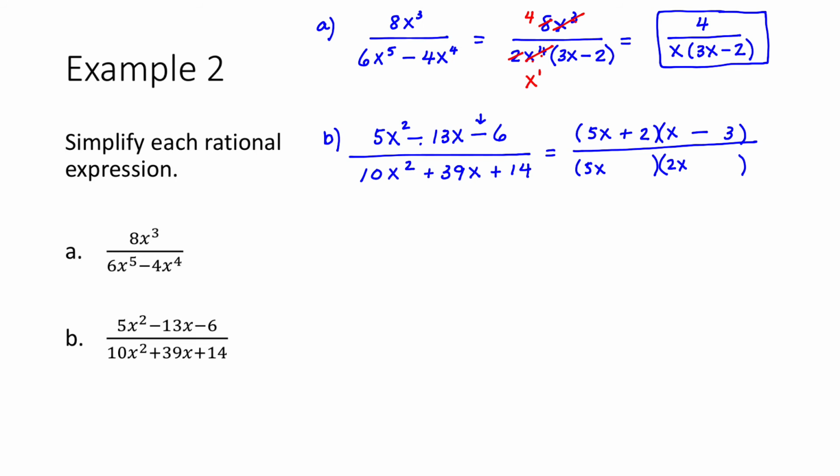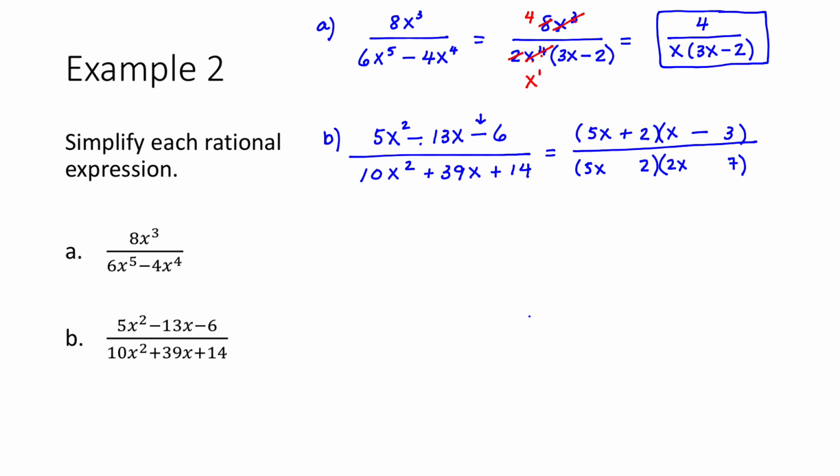All right, so I've got 5x and 2x. 14 breaks up into 7 and 2. I don't want to put the 2's in a factor together. So let's put the 2 in with the 5 and 7 in with the 2x.